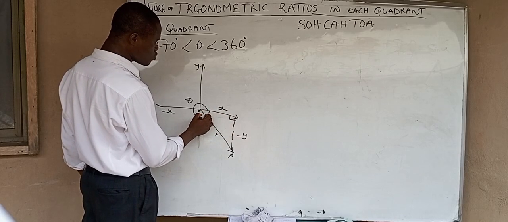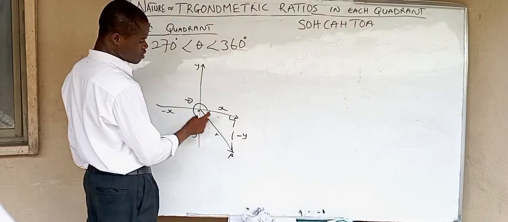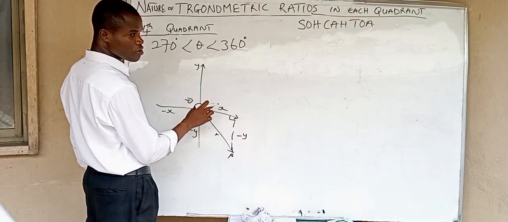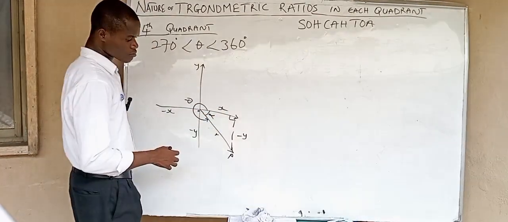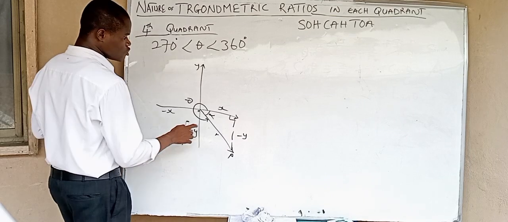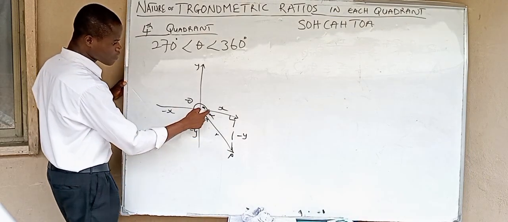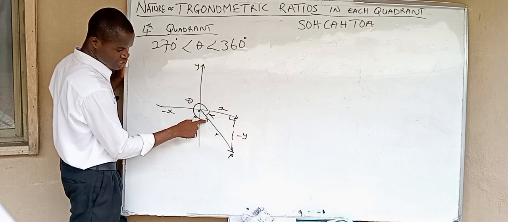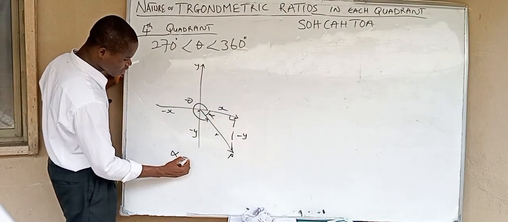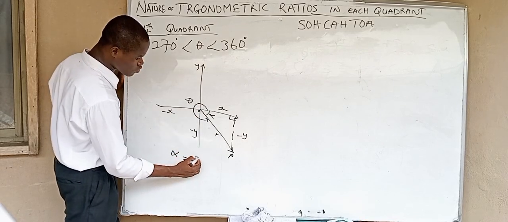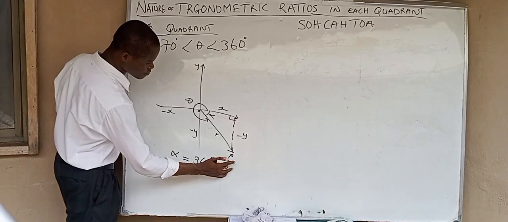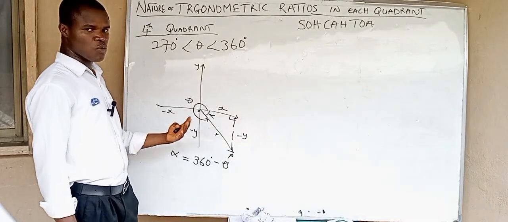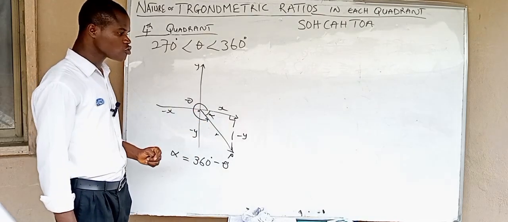The remaining angle, the angle that this line OR makes with the positive axis, is alpha, as I've always used. So to find the value of alpha, go to 360 minus theta. So alpha in this fourth quadrant is equal to 360 degrees minus theta. We're going to be using this to find the acute value equivalent in the fourth quadrant.